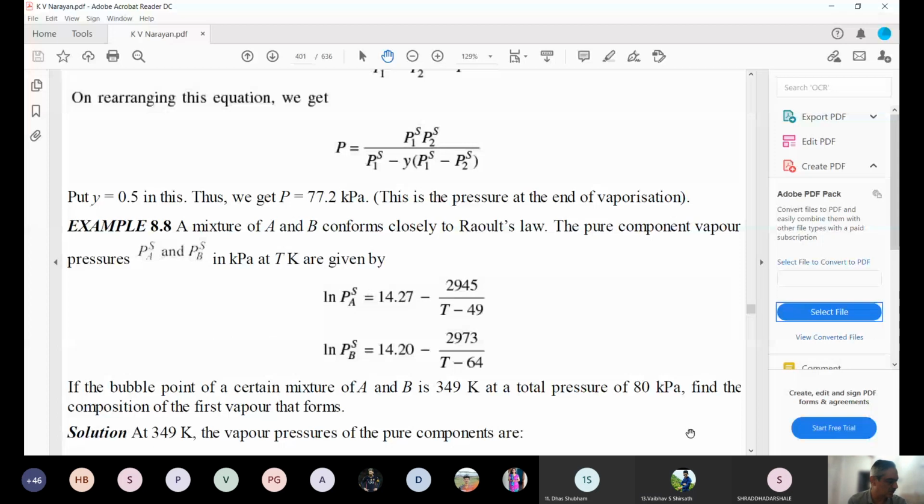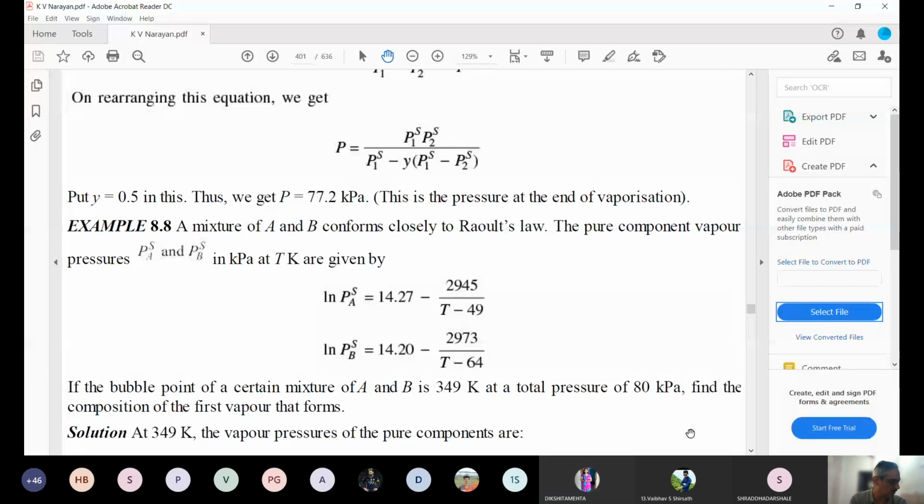Find out the composition of the liquid. $0.8613. Okay.